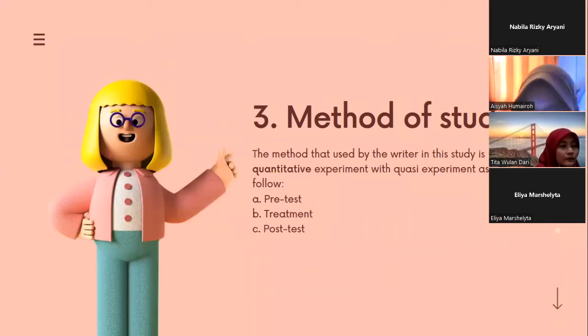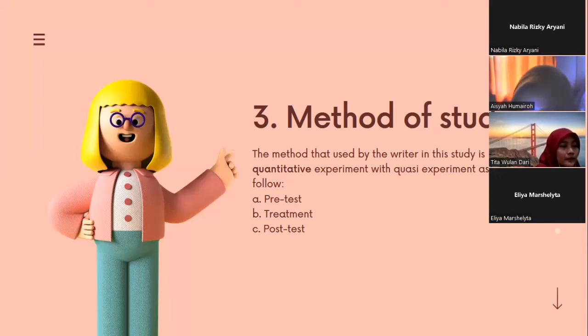Method of study. The method used by the writer in this study is a quantitative experiment with a quasi-experiment design, as follows. First is pre-test, second is treatment, and third is post-test. Adila, as the writer of this research, used quantitative experiment with quasi-experiment as the method of the study.